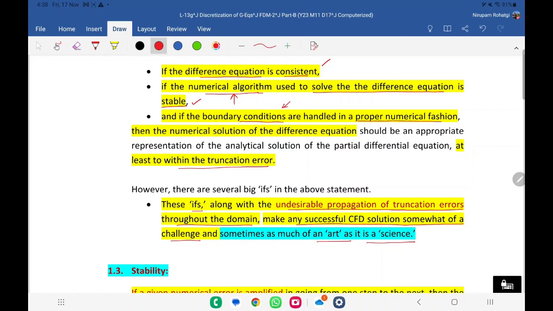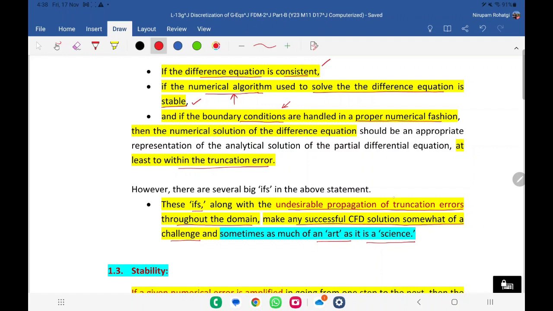Now when you want to find the solution of that, you have to ensure that your truncation error approaches zero, the methodology you are using is a stable algorithm, and your boundary conditions are properly taken care of. Okay, so all these are the ifs, and you have to ensure them.